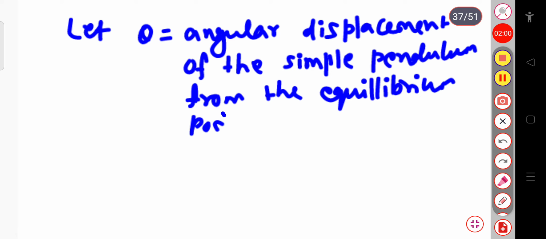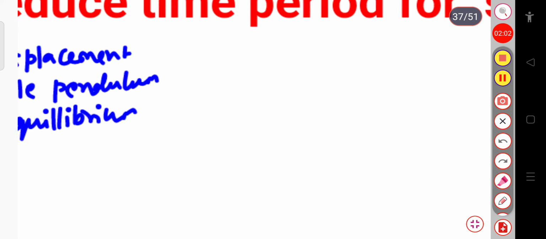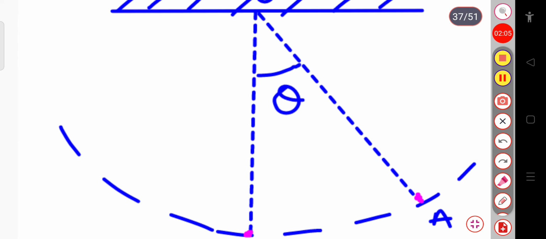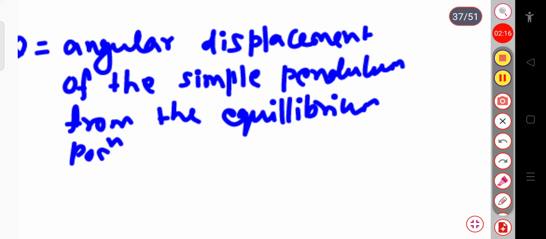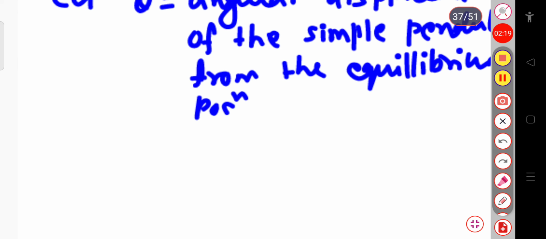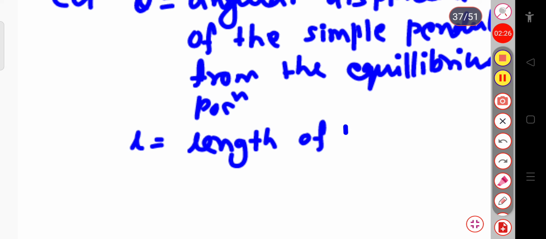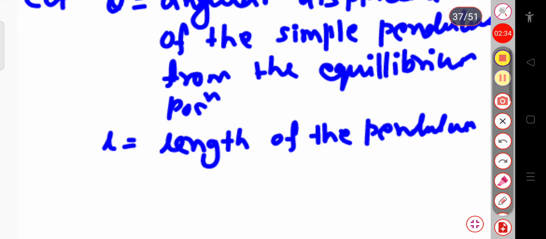Now let us consider the length of the pendulum. Suppose this length is L, and also this one is the length L. So L equals the length of the simple pendulum, and m equals the mass of the bob.